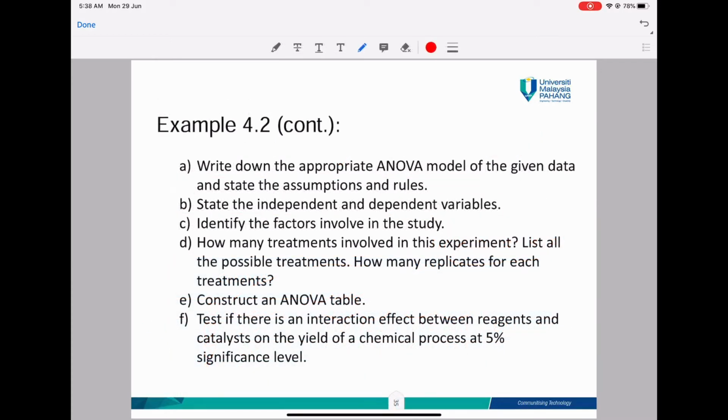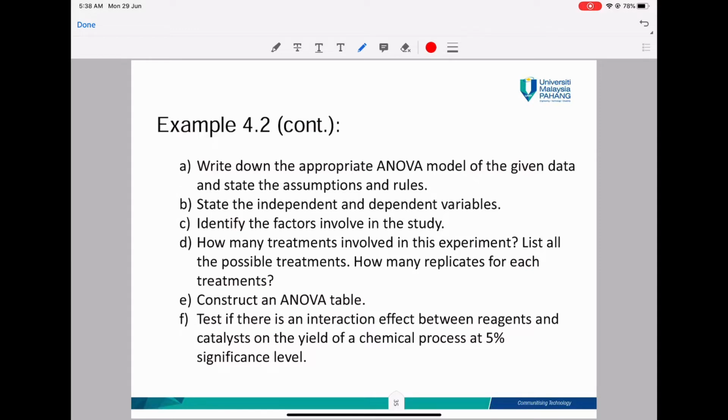Now we go to the question. A. Write down the appropriate ANOVA model for the given data and state the assumptions and the rules. B. State the independent and the dependent variable. C. Identify the factors involved in the study. D. How many treatments are involved in this experiment? List all the possible treatments.